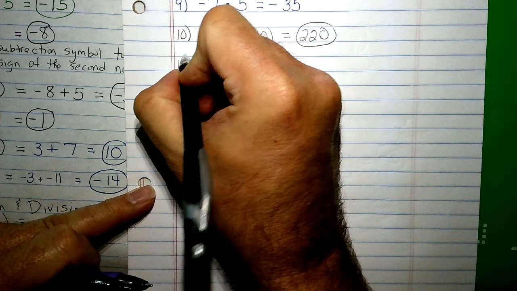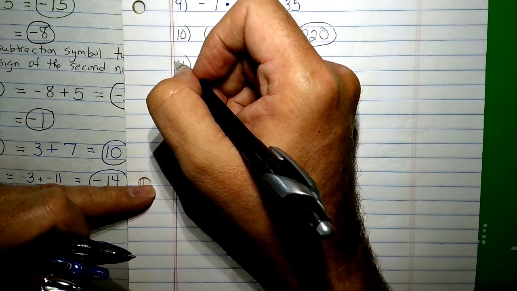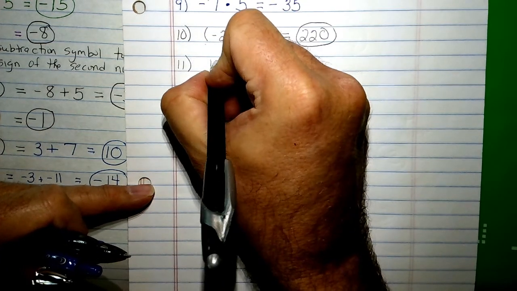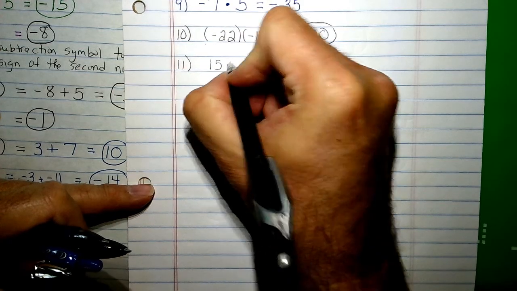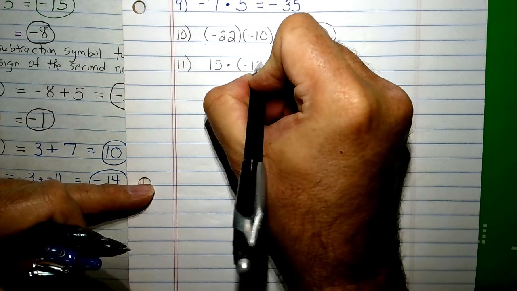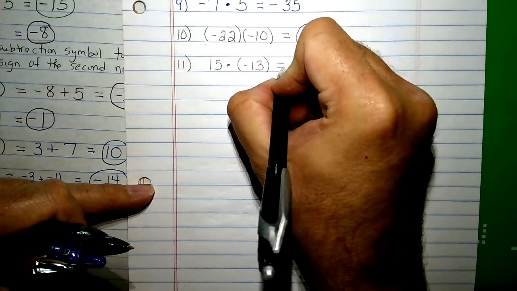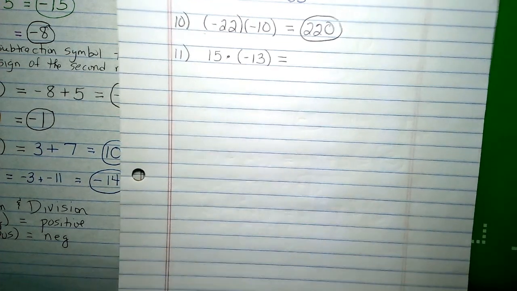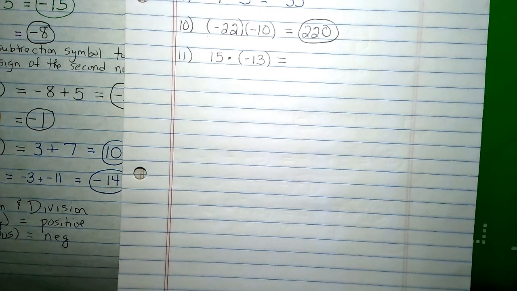See, another one. Let me think. How about 15 times a negative 13? So this is one you might want to use a calculator on for the 15 times 13, okay? But for the answer being positive or negative, hopefully you know that.